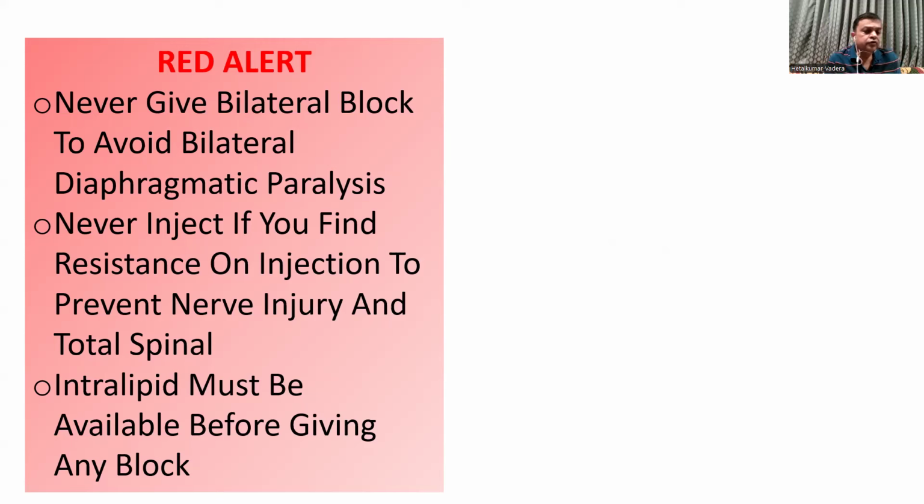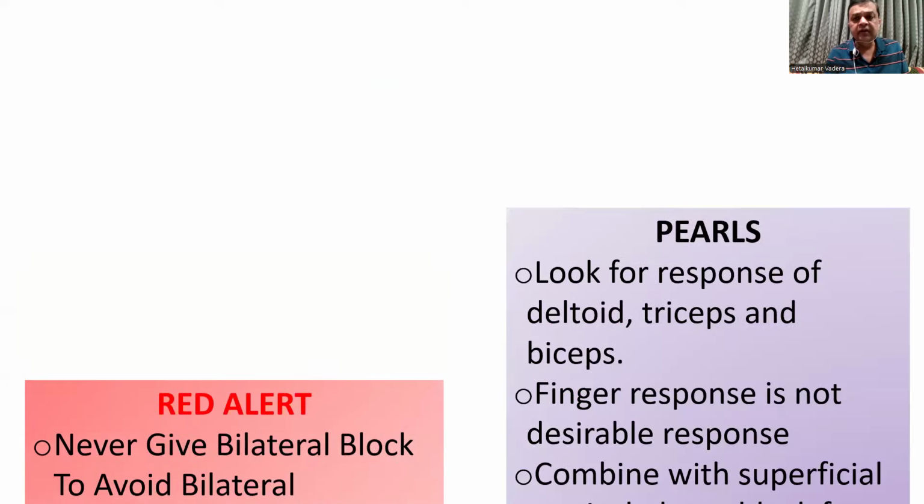So always you can use a pressure monitoring device. If it is more than 15 psi, you should be careful, but it is not available everywhere. And last but not least, intralipid is a must. It should be available in every OT where you are performing the block, because local anesthetic systemic toxicity can happen anywhere, and only intralipid can save you if you are using bupivacaine.